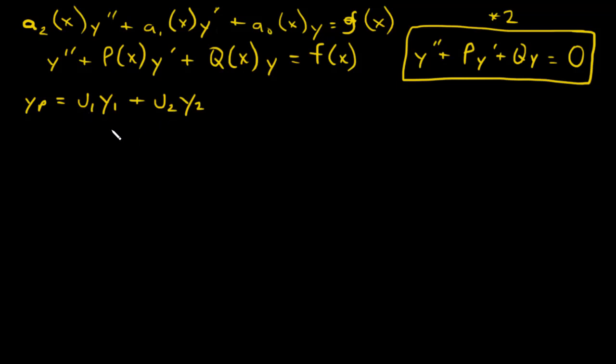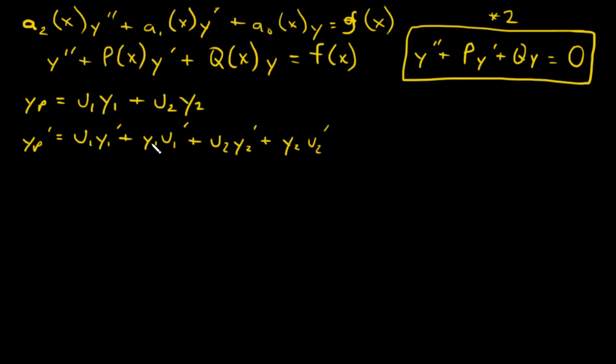So u1 and u2 are varying. So that means that y sub p prime is going to equal u1 y1 prime plus y1 u1 prime plus u2 y2 prime plus y2 u2 prime. Okay?